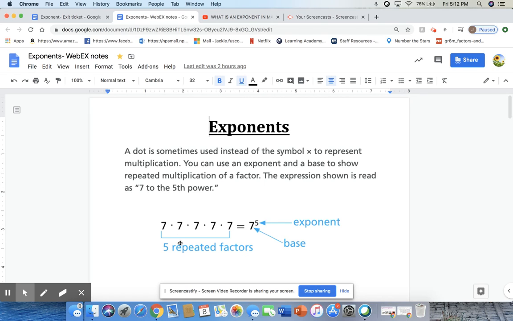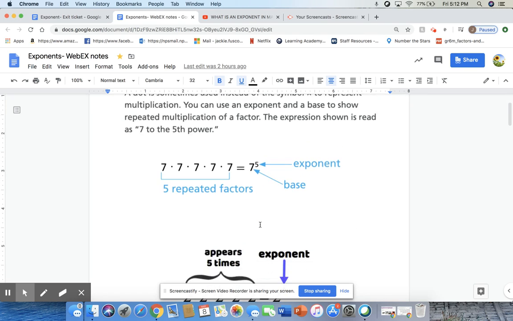So the expression shown down here shows us a number 7 being multiplied 5 times. So the number 7 is the base, which is the number that's being multiplied, and the exponent is how many times it's being multiplied. 1, 2, 3, 4, 5.